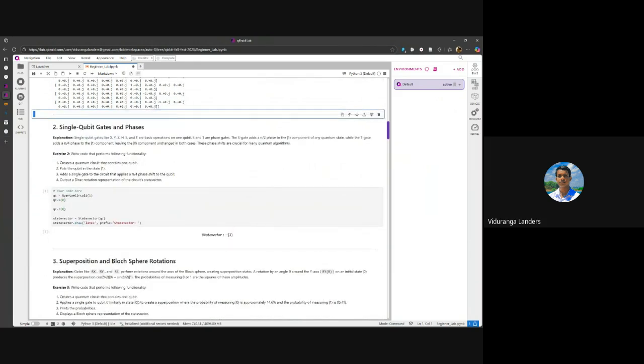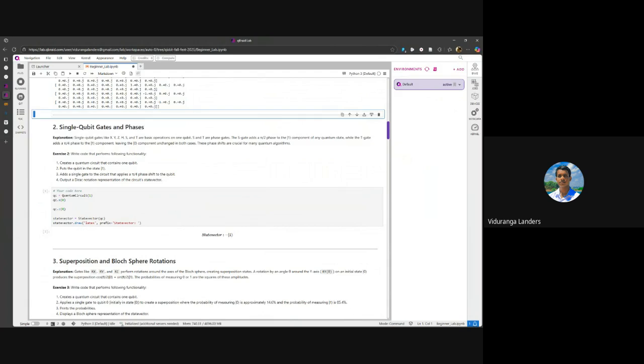Now here, we are asked to use single qubit gates, not only the Pauli XYZ operators, but also S and T operators, which are phase gates, and do something with a single qubit circuit. So first we are asked to put the qubit in state 1. I think that you guys should know by now.